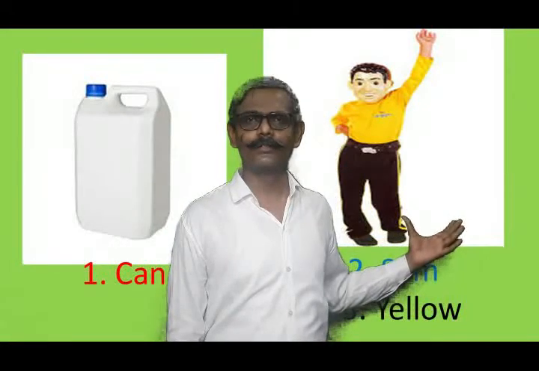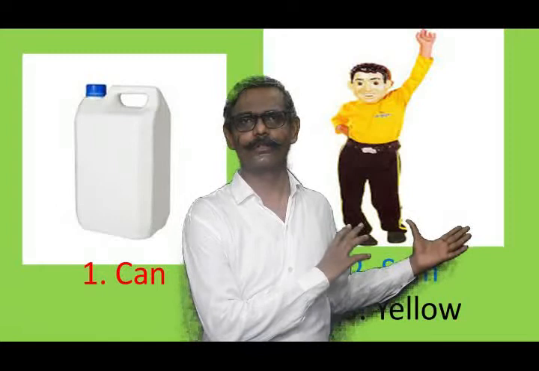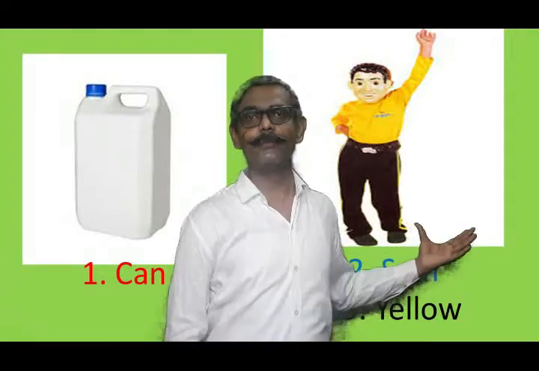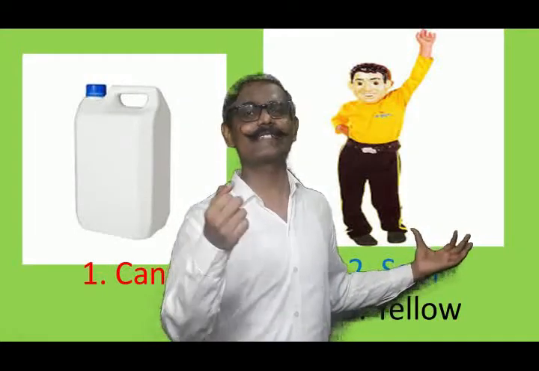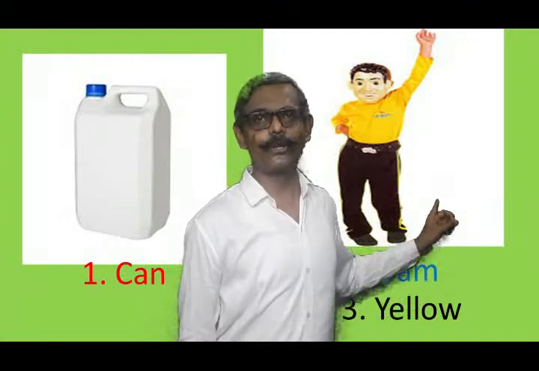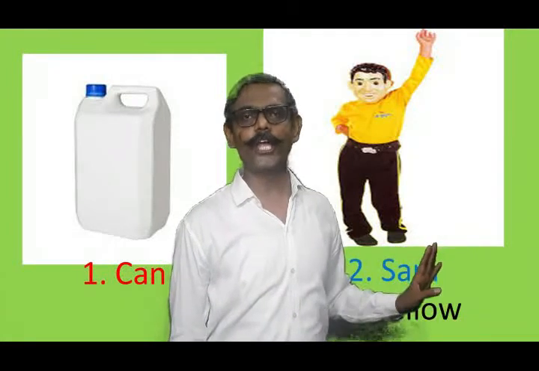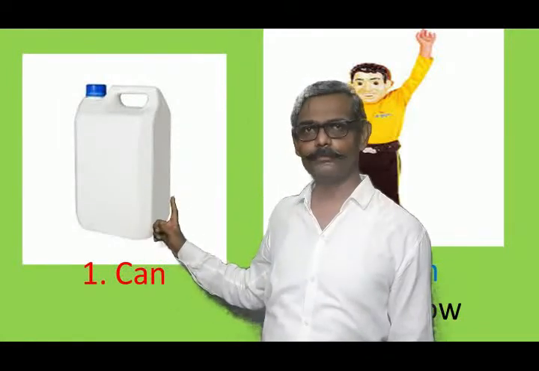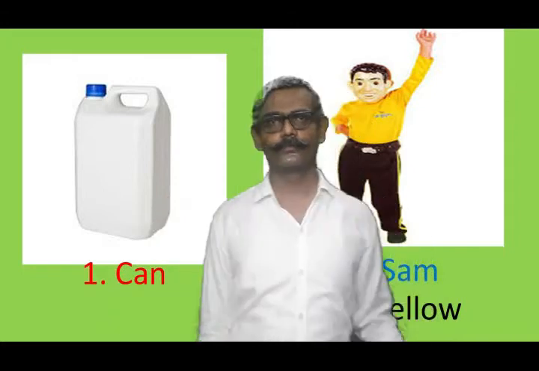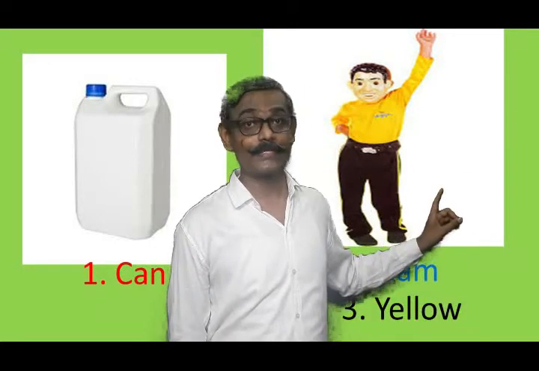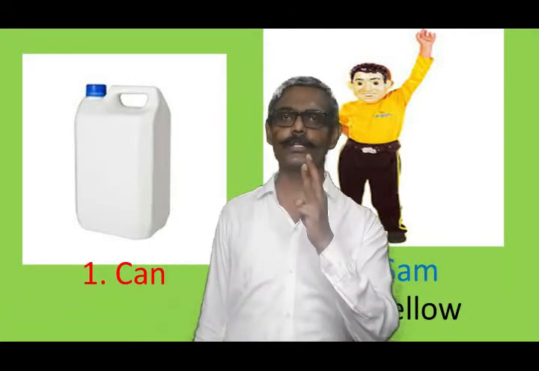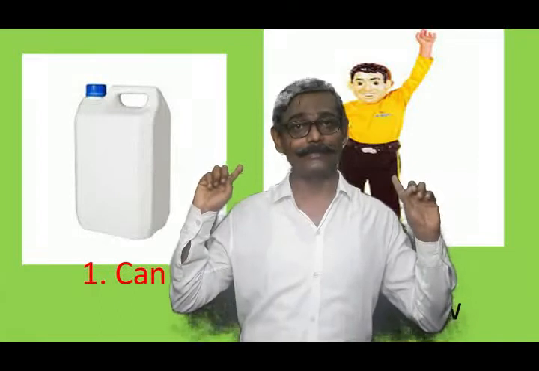And here, one person, a boy. The name is Sam, or you can say Samir. And what is his wear? Yellow. Number one, can. Number two, Sam. And number three, yellow. These things are to be remembered from this slide.